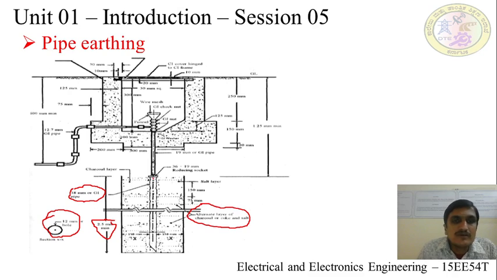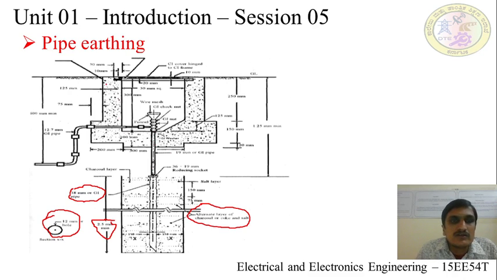The top of the pipe is connected to a funnel which is used to pour water through the 19 mm dia GI pipe. This pipe is used for watering.